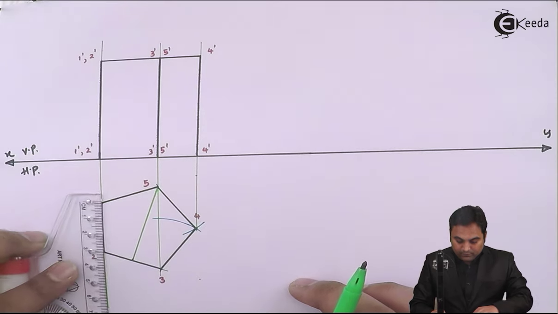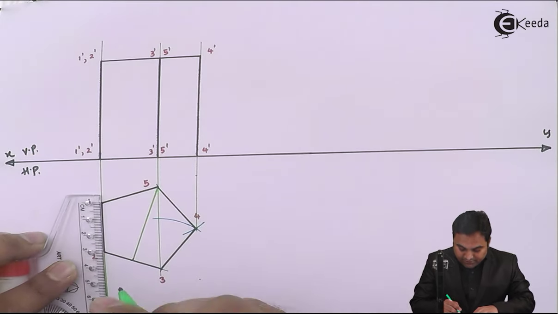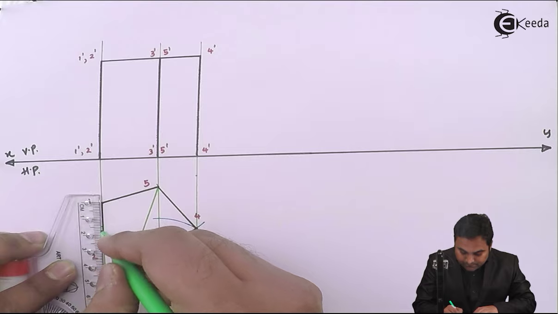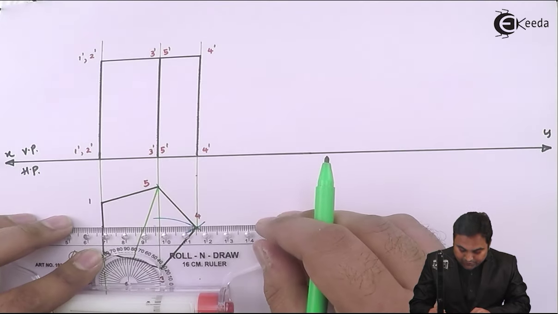Similarly, I'll take half of this 30, and join it to the opposite corner.